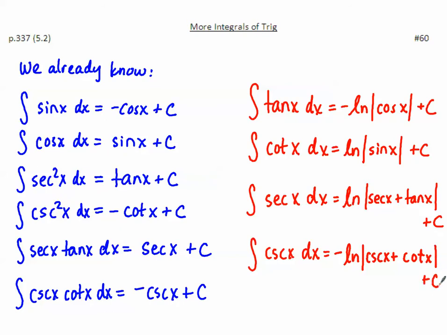So notice some similarities between derivatives and integrals. The derivative of the secant is secant times tangent. In the antiderivative of secant, there's secant plus tangent, but natural log in there too. So make sure that you memorize these. That'll be so much easier than having to recreate these formulas.